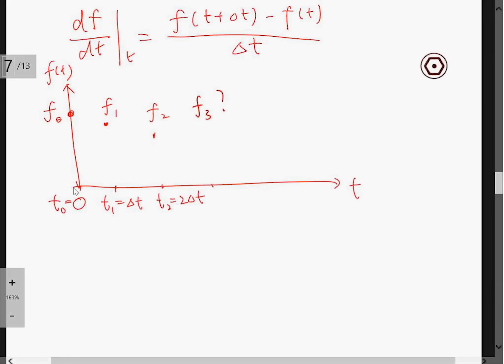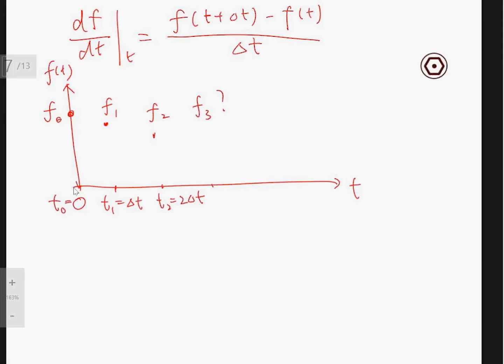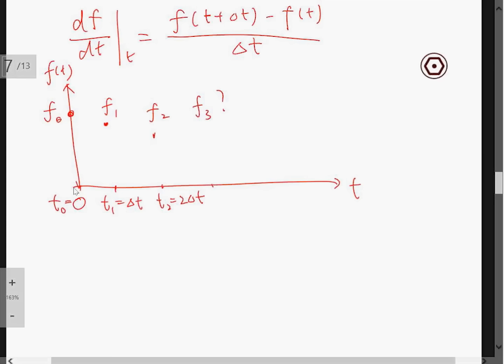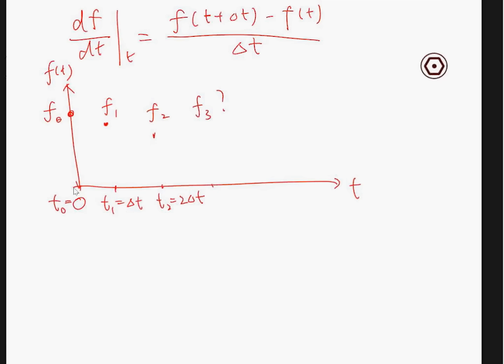We start with f0, which is given. The task is to compute f1. And once I have computed f1, the task is to compute f2. Once I compute f2, the task is to compute f3. How do I compute f3 using previous data points?